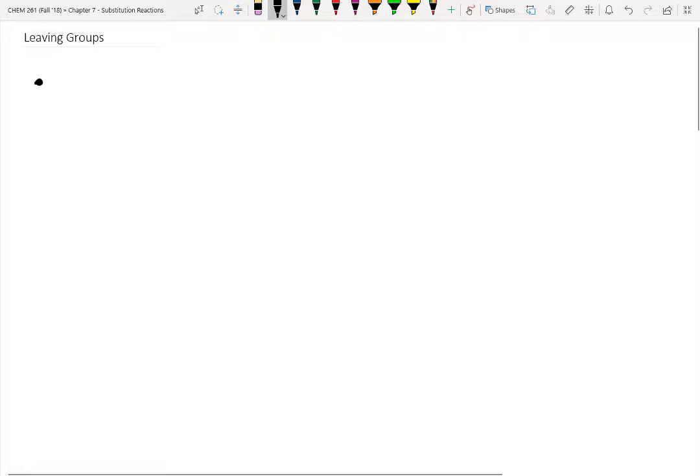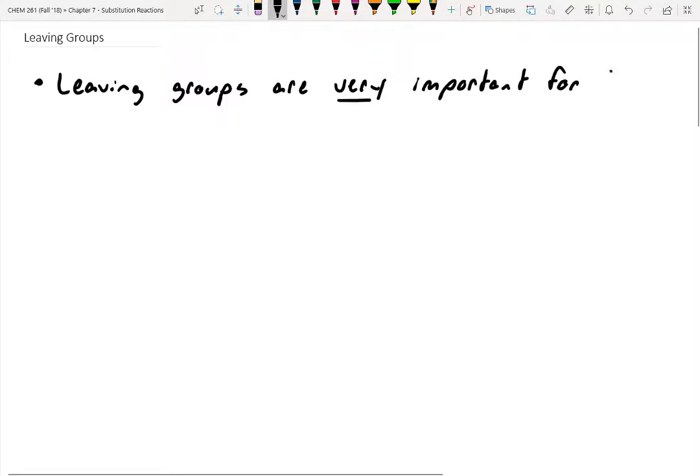SN1. Okay, so leaving groups are very important for SN1. Why is it really important for SN1 but not as important for SN2? It's a rate limiting step.